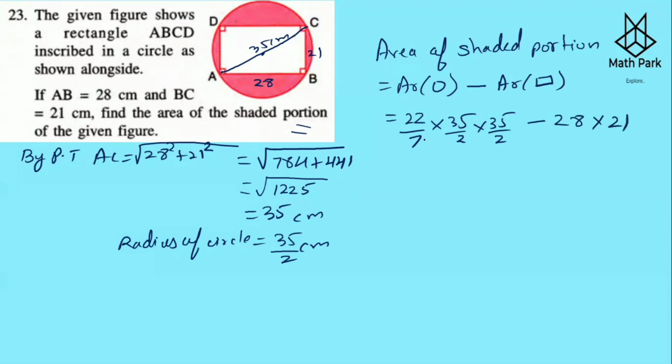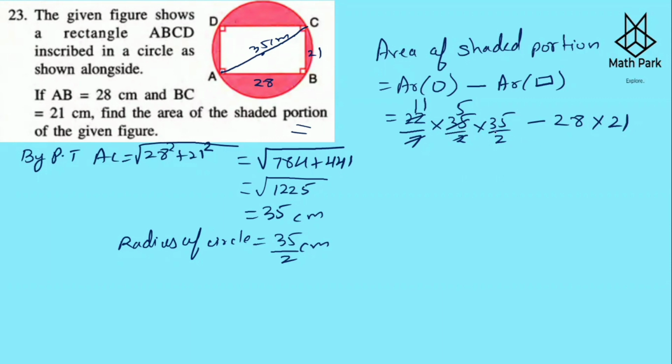So let us simplify. We have 7 5s are 35, 2 11s are 22, and again we have 11 5s are 55 into 35 upon 2. Let us simplify this, and this is 28 into 21.